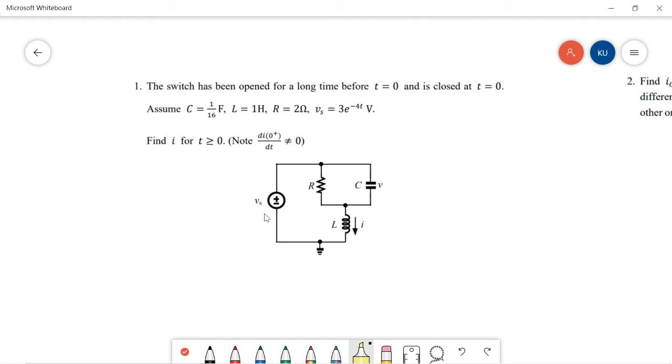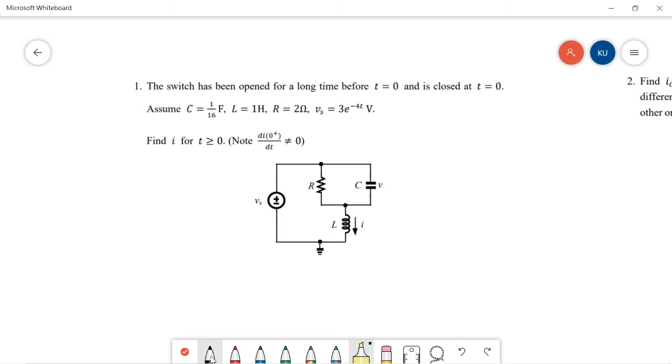Or maybe you can regard it as we have an intrinsic switch inside the source or in series with it. And it's closed at t equals 0. So assume that C, L, R are like this.